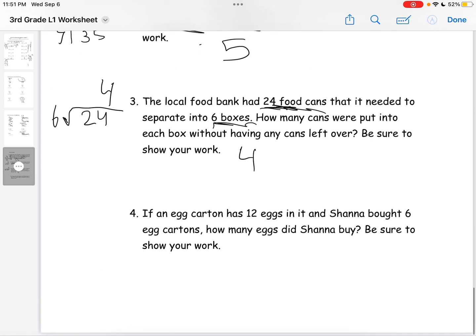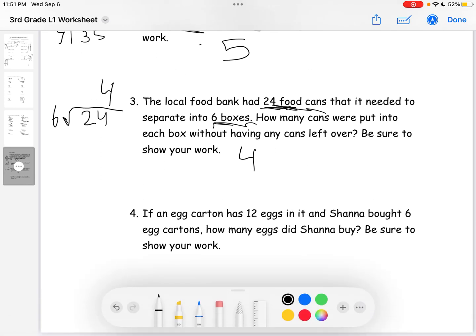Now finally, for the last one, it says if an egg carton has 12 eggs in it and Shanna bought 6 egg cartons, how many eggs did Shanna buy? Be sure to show your work. So for this one, it's going to be the opposite, and we're going to actually have to do multiplication here. So it would be 12 times 6.